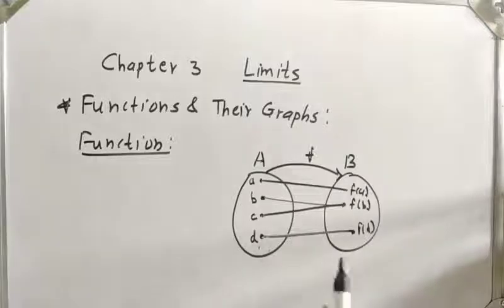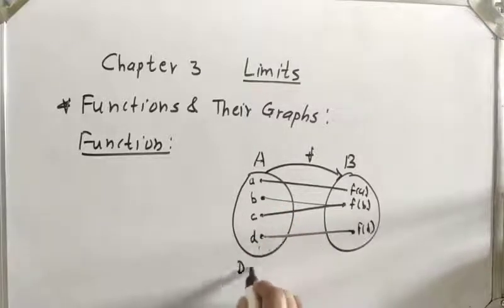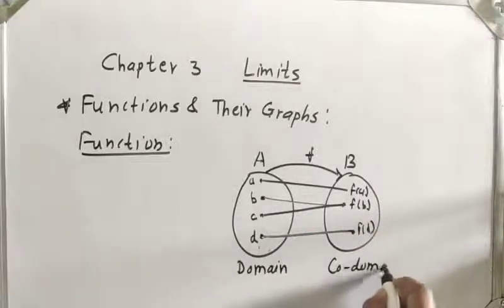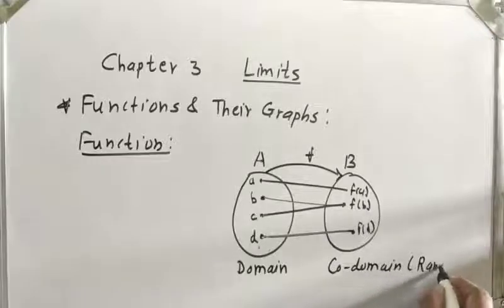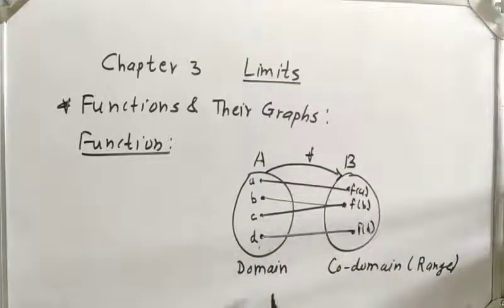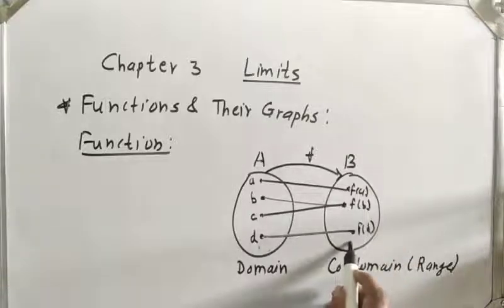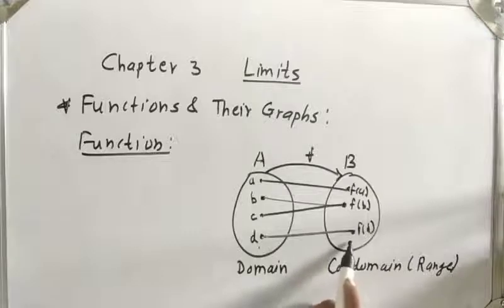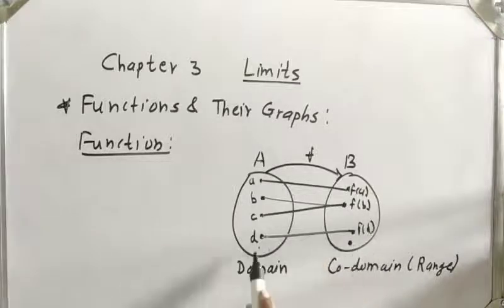Now set A is called the domain and set B is called the codomain or range. What does range mean? The only elements which have a pre-image. In a function, it is possible that there are some elements which don't have a pre-image, but it is not possible that there is some element without an image.